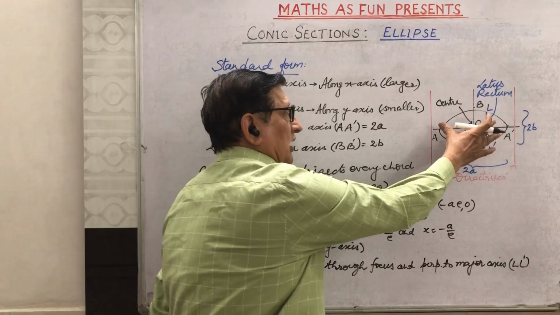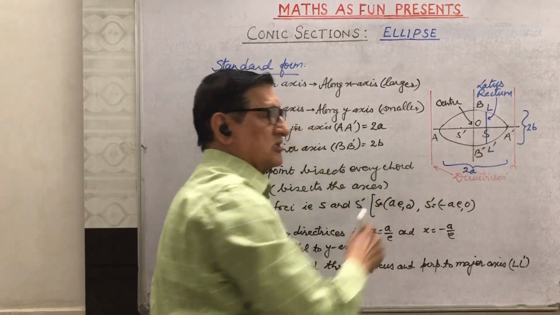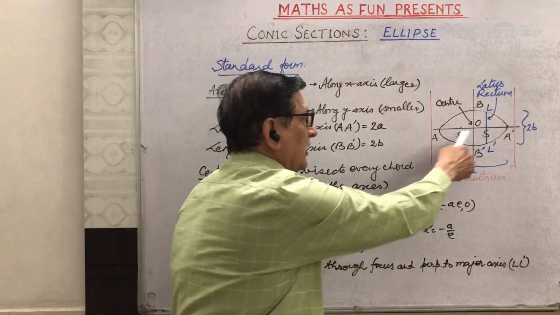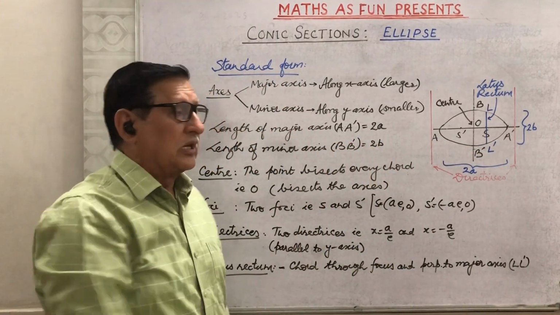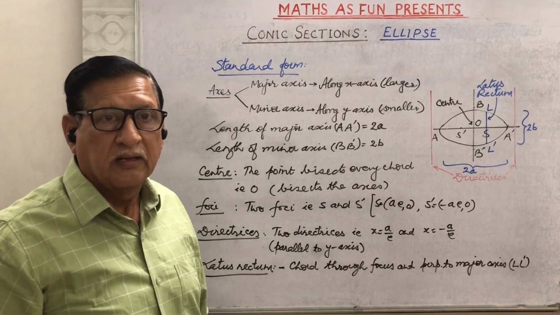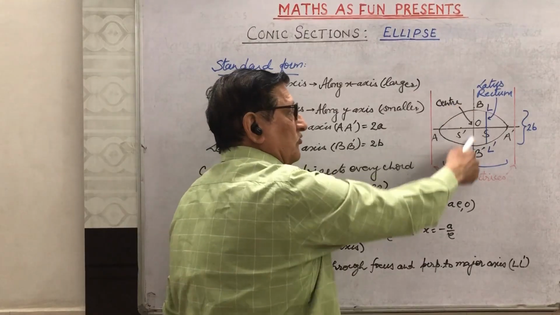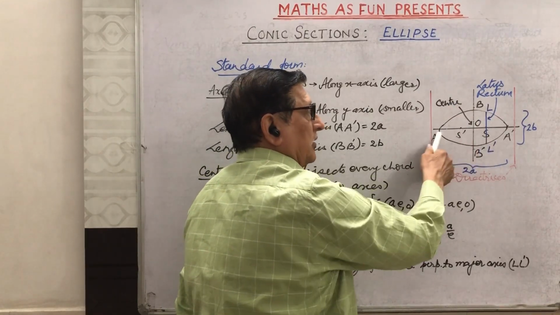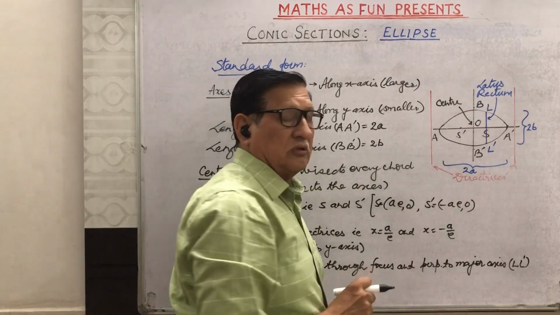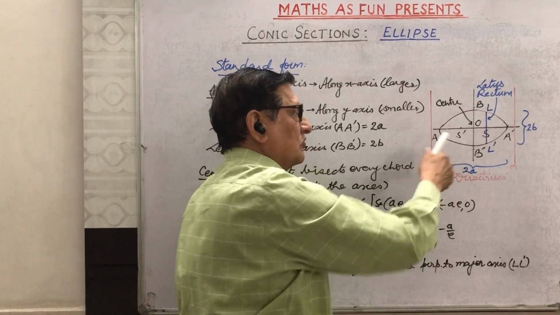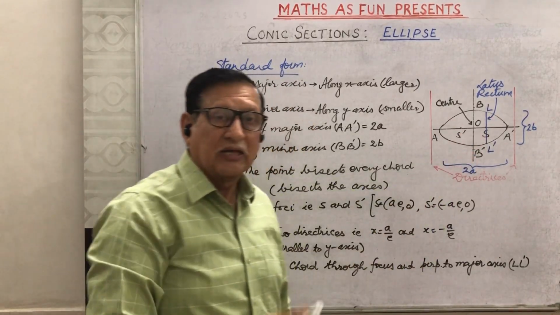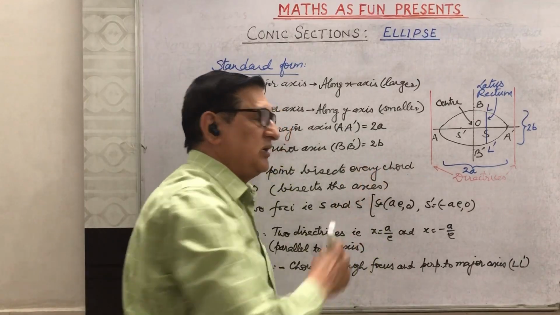The greater one, the larger one, is known as the major axis, which is along the x-axis here, and that is A A dash. The length of this major axis is taken as 2a. The smaller one is vertical, that is perpendicular to the major axis, so it is known as the minor axis of the ellipse. Here it is B B dash, and the length of B B dash is taken as 2b.